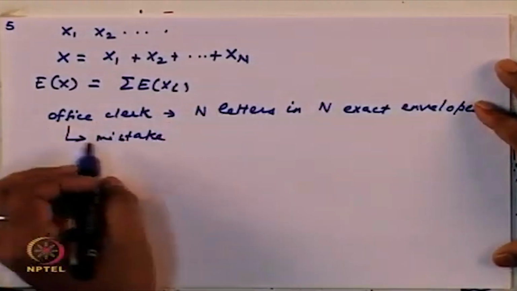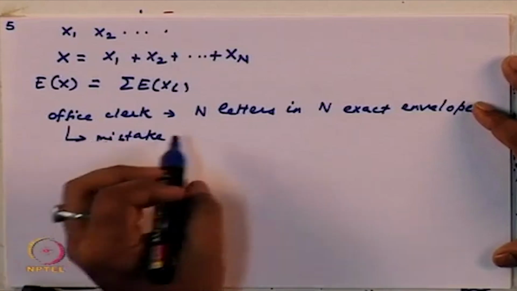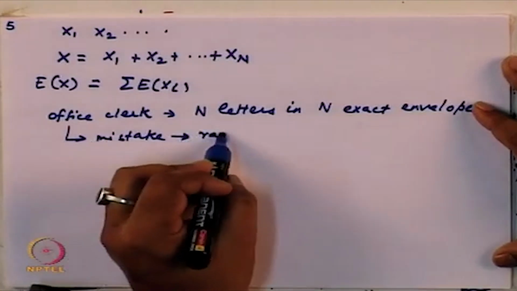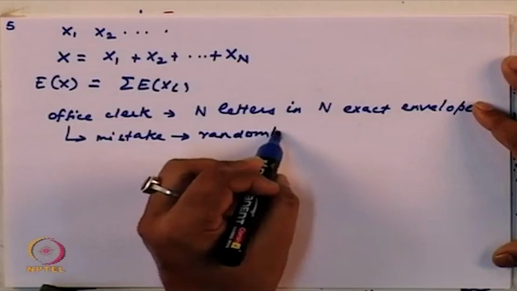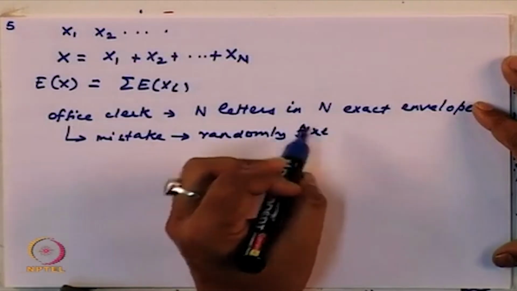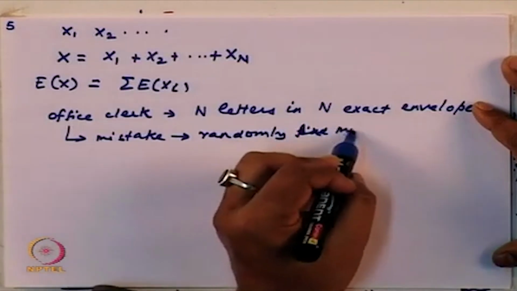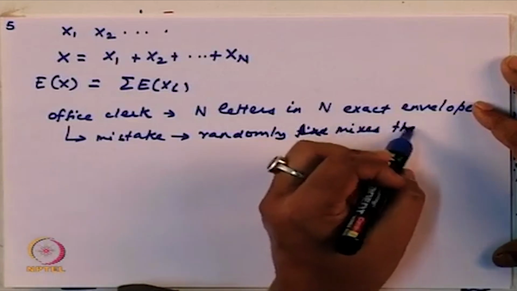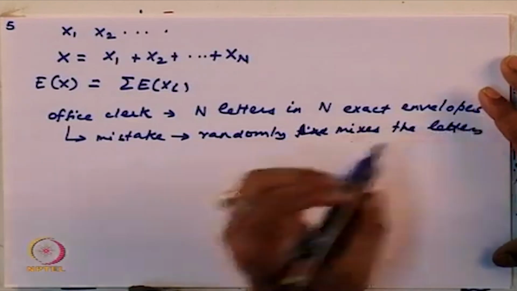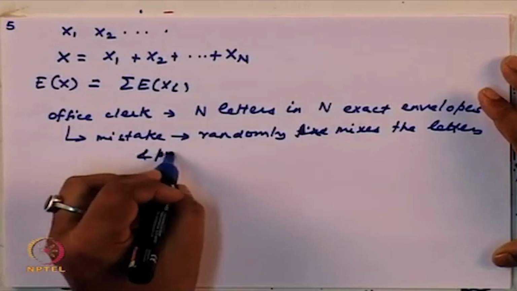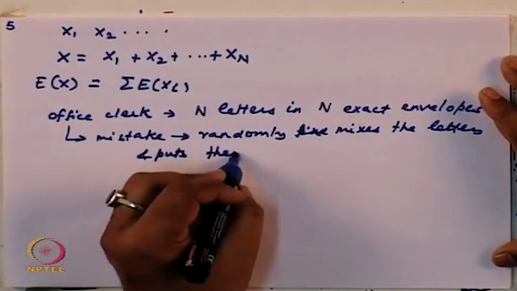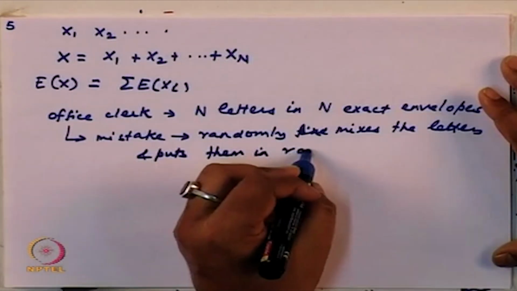By mistake, the office clerk makes a mistake, randomly mixes the letters and puts them in random envelopes.